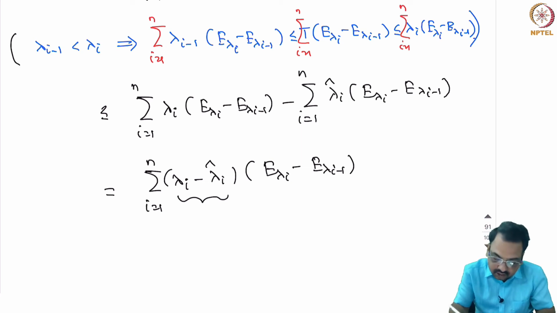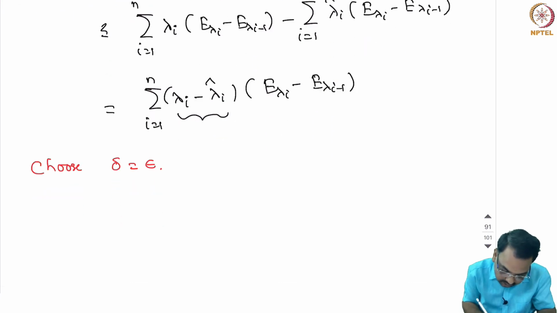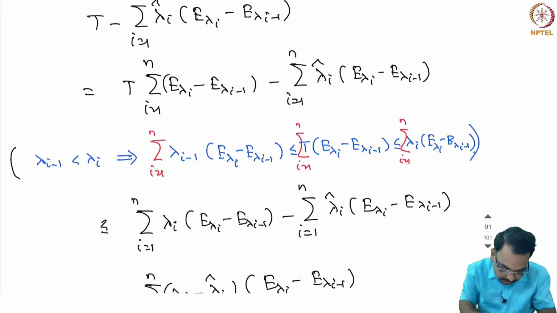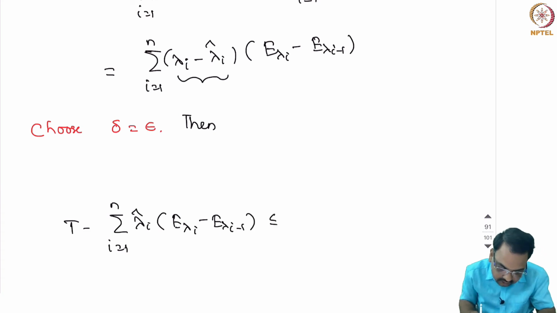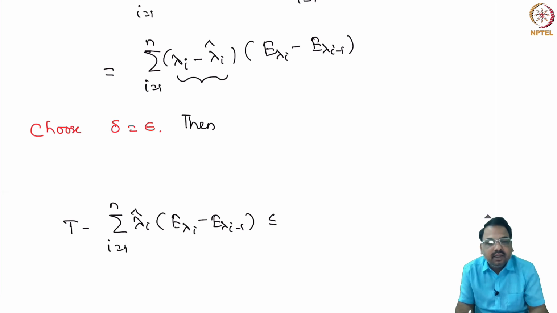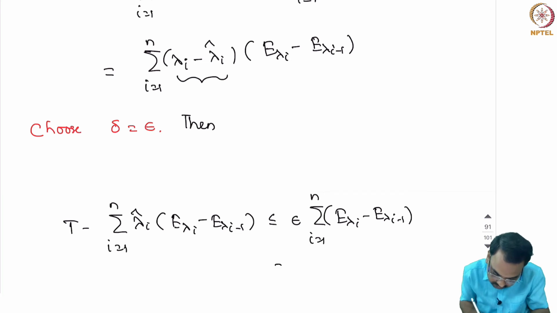So if we choose delta equal to epsilon, then we can say that T minus summation i equal to 1 to n lambda i hat E lambda i minus E lambda i minus 1 is less than or equal to, so the norm of the partition is less than delta, implies this is less than epsilon into summation i equal to 1 to n of E lambda i minus E lambda i minus 1, this is epsilon identity.